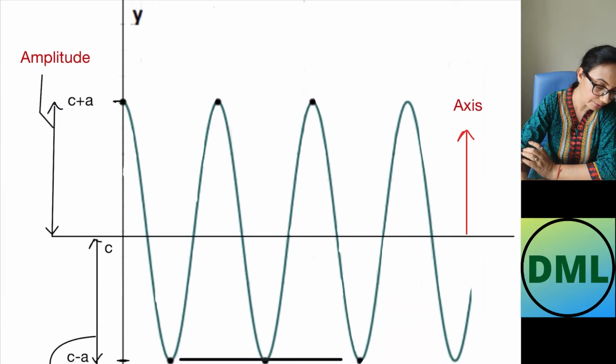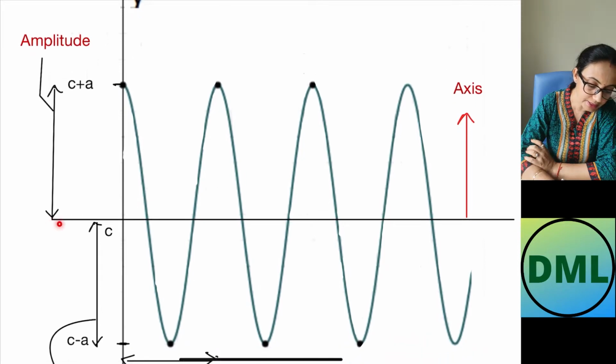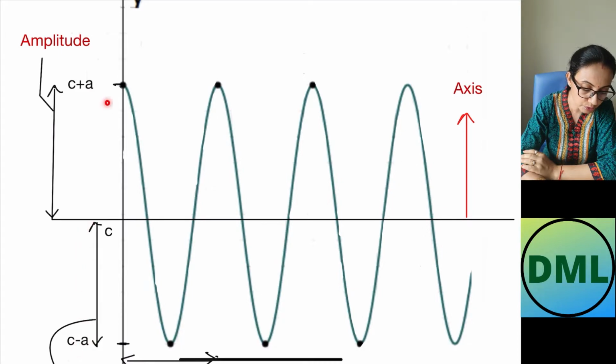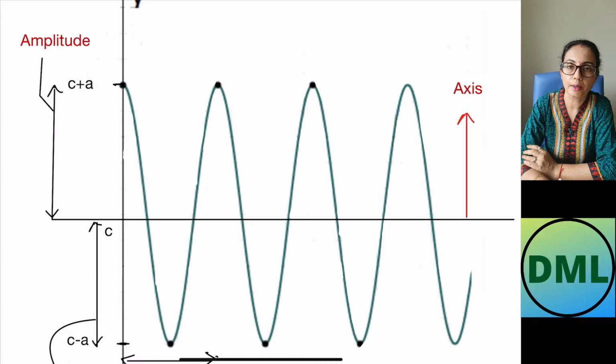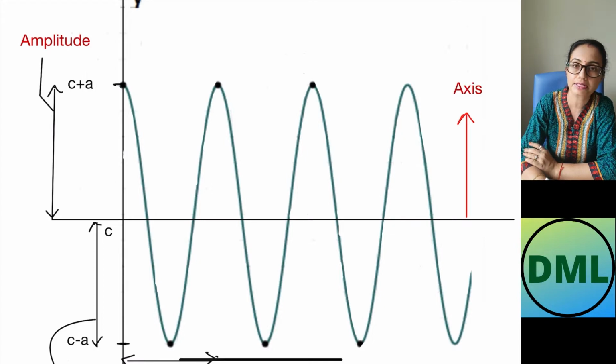As we can see from here, this is our axis, which is at c. This is our amplitude in the positive direction of y-axis, and this is our amplitude in the negative direction of y-axis. So we have the cos curve like this, in which the value for a is your amplitude. Amplitude means it will go a units above the axis and a units below the axis. Where is our axis?